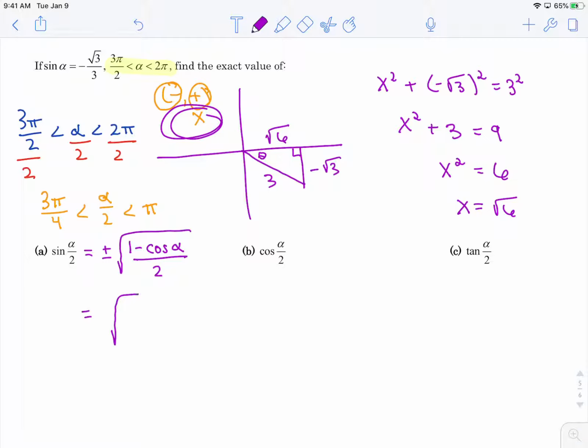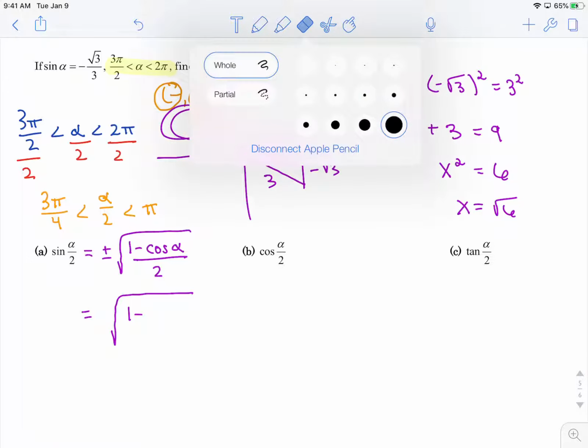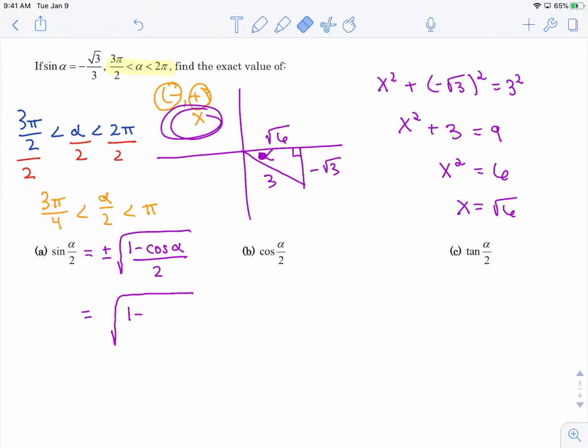So it's the square root of 1 minus, well let me name my angle what it should be. It's not a theta, it's alpha. All right, so my cosine here is root 6 over 3, and this whole thing is over 2.